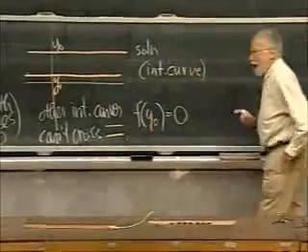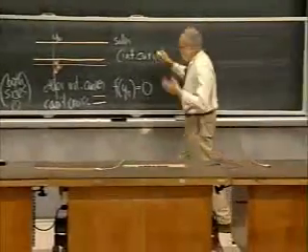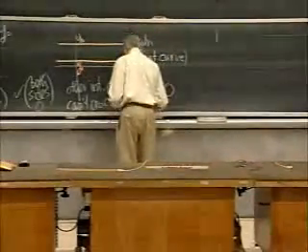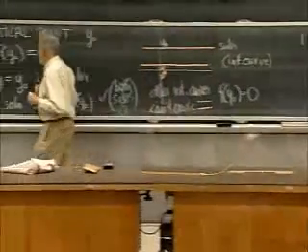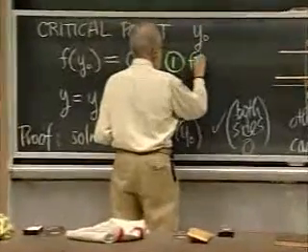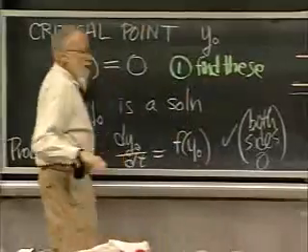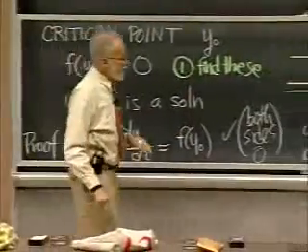Now, the way to do that is you draw. If we want to make steps, everybody likes steps, okay. Step one is to find the critical points. You're going to do that by solving this equation, finding out where it's 0.